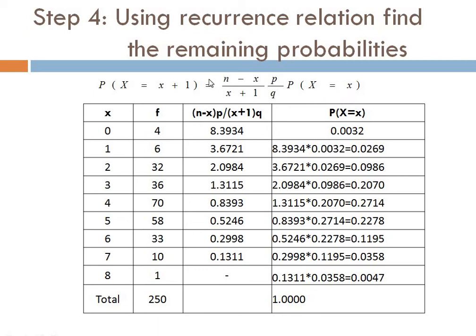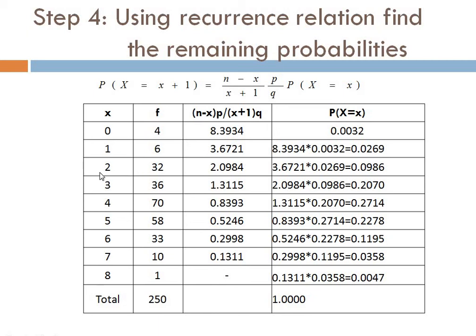So after simplification we get 0.0269, or if we multiply these two numbers, that is 8.3934 into 0.0032, it simply gives probability of x equal to 1.